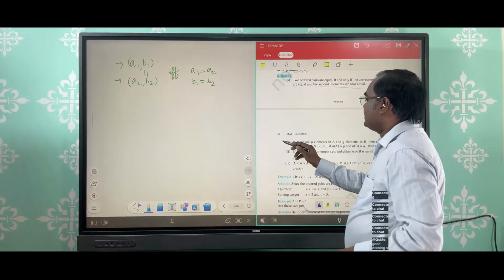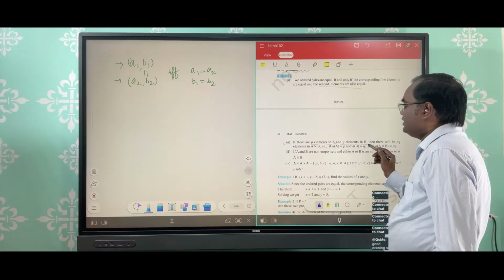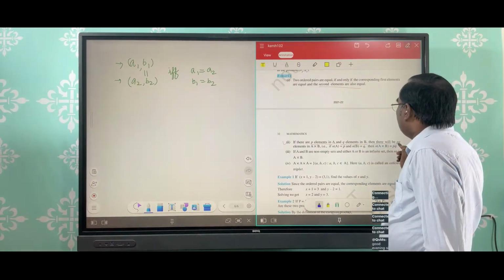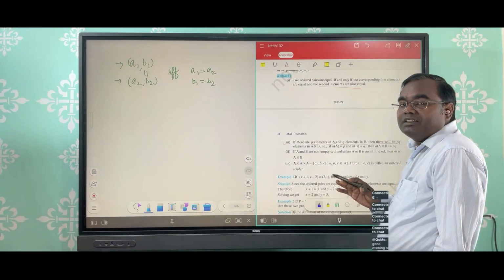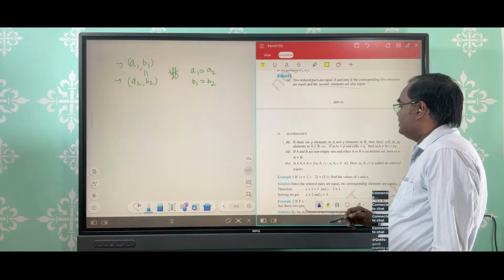Second point: if there are P elements in A and Q elements in B, then there will be P into Q elements in the Cartesian product A cross B. I have already told this.